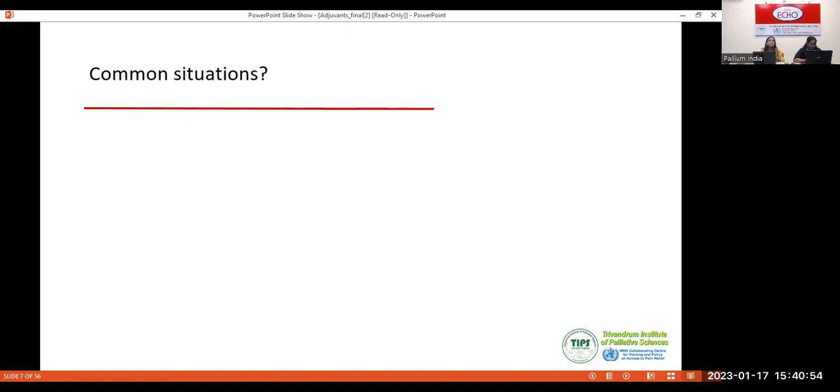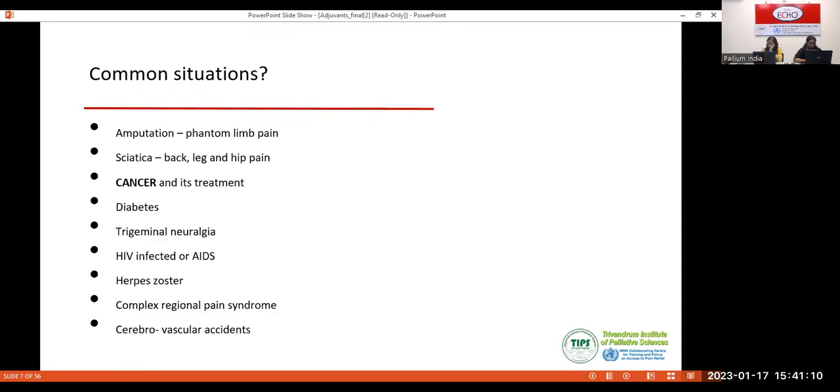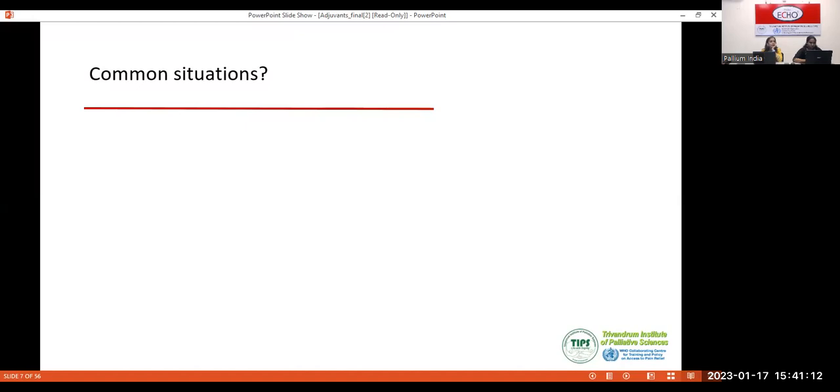So where do you see this kind of neuropathic pain? Anyone? Commonly seen situations. Where all do we see this kind of pain? Do we see that in cancer? Neuropathic pain, any chance to see that in cancer patients?